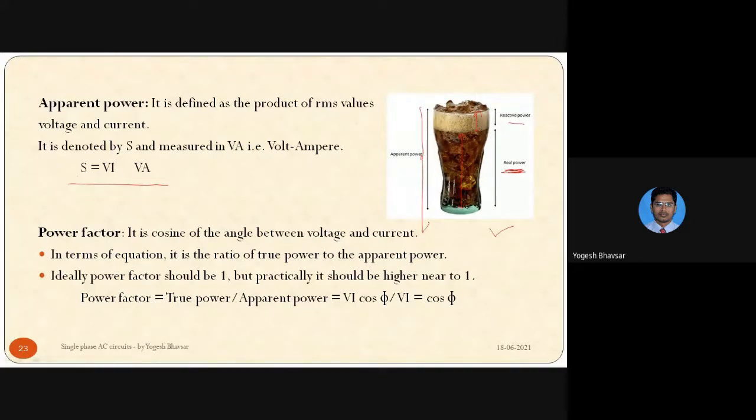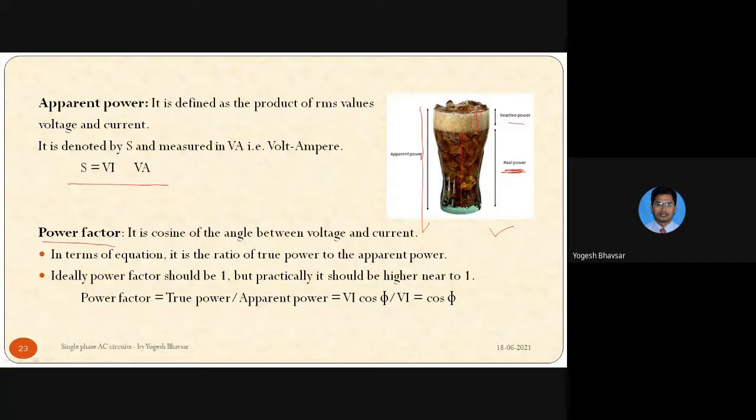We are consuming the coffee or soda, so this is the real thing, the useful work. The foam is imaginary, it has no useful solid content, so it is reactive. And the total of these two is the apparent power. Hope you understood this.